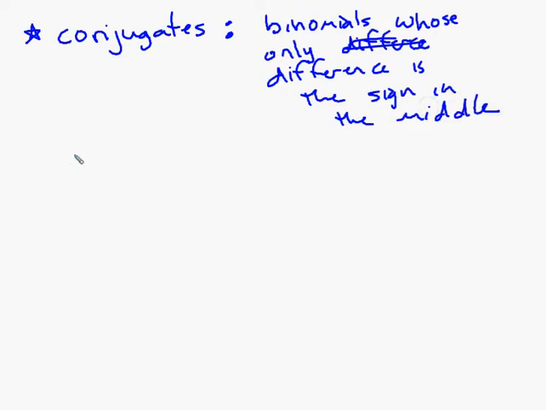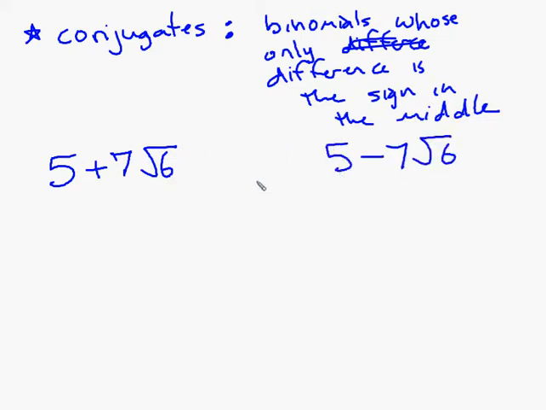So if I wrote 5 plus 7 root 6, its conjugate would be what? 5 minus 7 root 6. Those are conjugates.